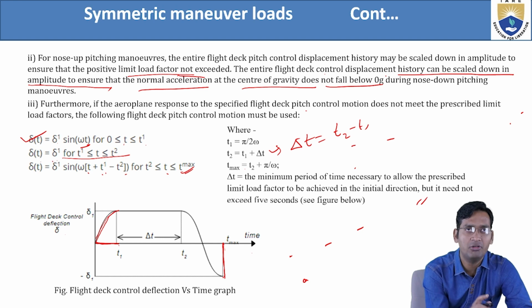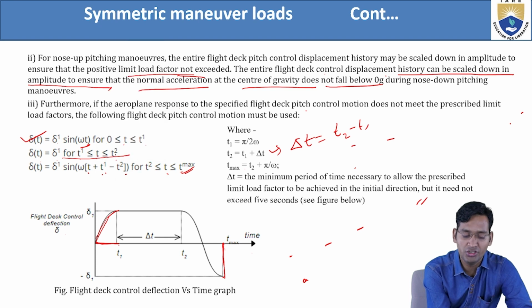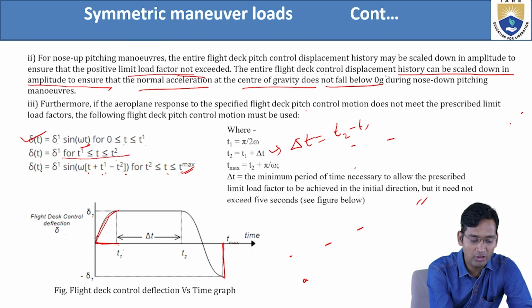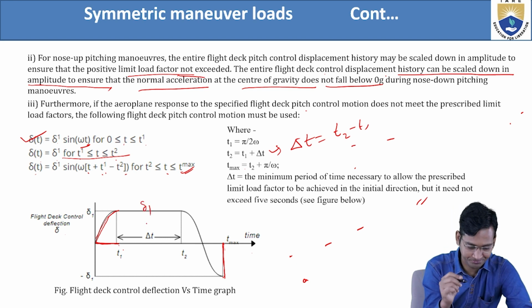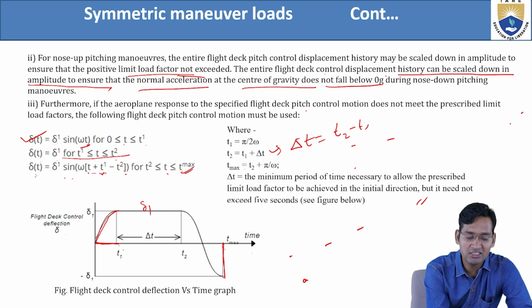That is simply delta 1, the constant value, from t1 to t2, meaning greater than or equal to t1 and less than or equal to t2. Now this is the third part, where delta t is delta 1 sine omega into (t plus t1 minus t2). So again, this will be a curve.